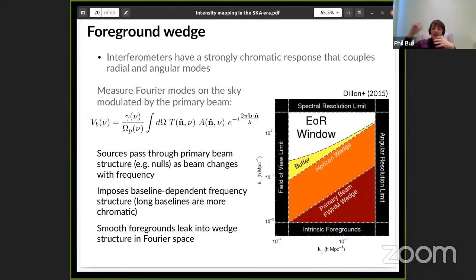They get spread out. They get churned up and chopped up because of this modulation effect. And so that looks like a wedge shape in Fourier space. And so you lose all the modes inside that wedge because they're just outshone by the foregrounds.